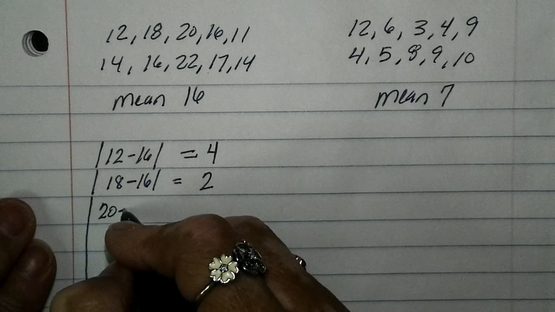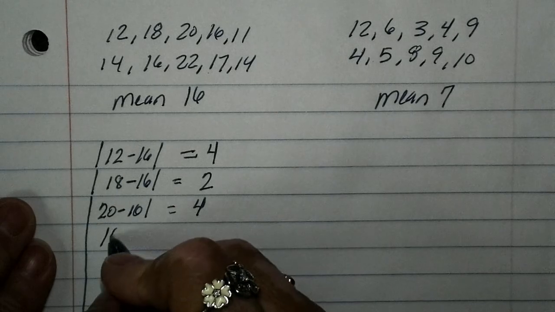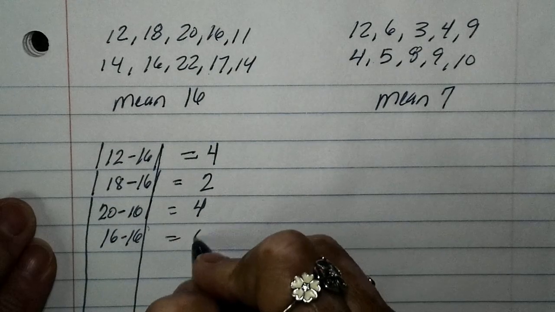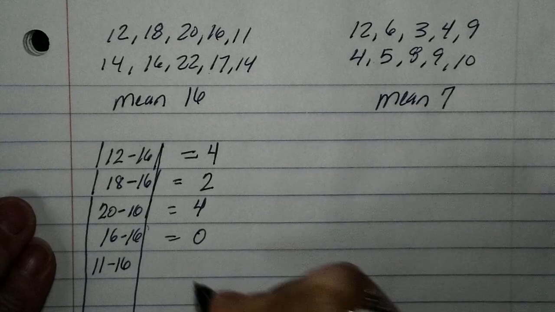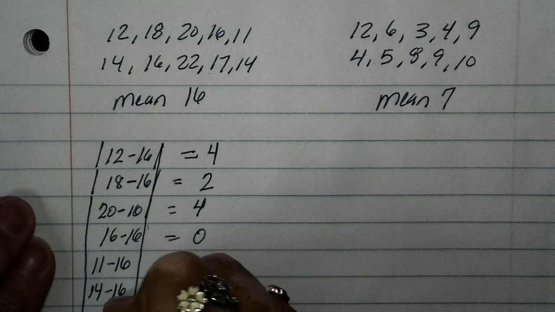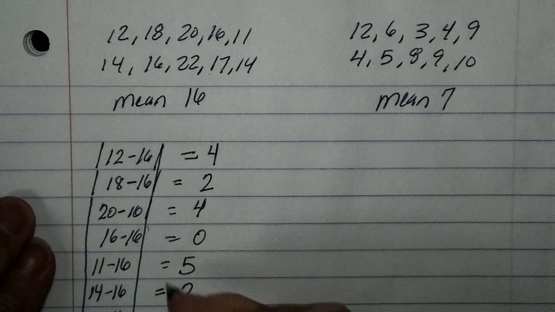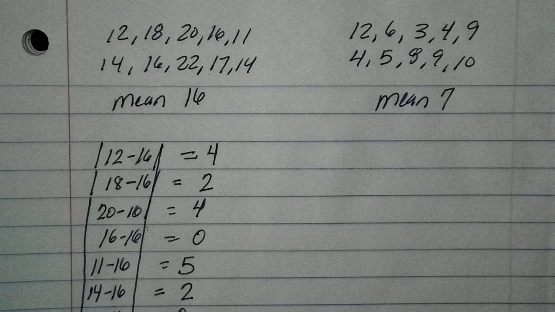So 20 minus 16 is 4. 16 minus 16 is 0. 11 minus 16 is 5. 14 minus 16 is 2. 16 minus 16 is 0. 22 minus 16 is 6.